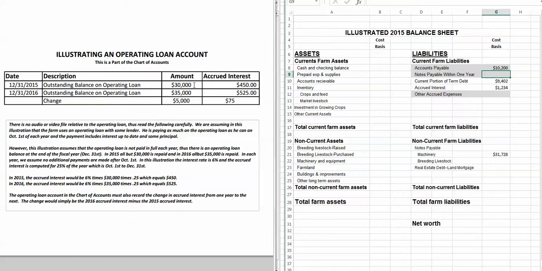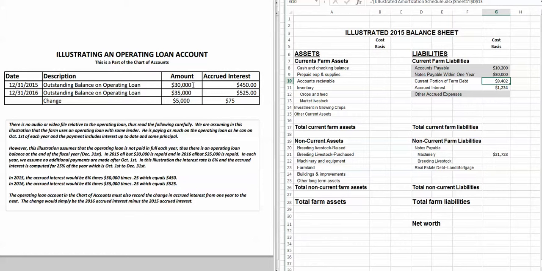So he's got that outstanding balance on the operating loan. Now, that $30,000 should go right here as notes payable. So this number right here should be that $30,000. That's how much he owes. That's a note payable. That's that operating loan, and it is due. In fact, it was due back in November. He just didn't get it all paid.